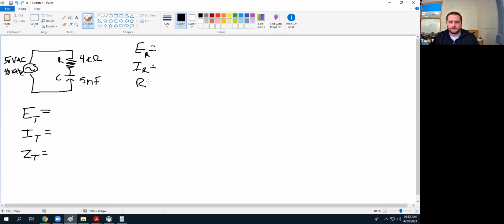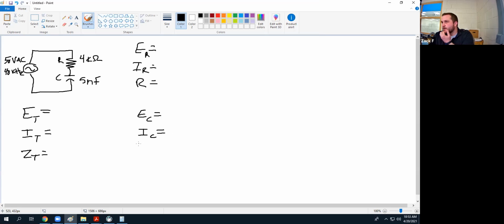That's just R. Voltage across the capacitor. Current through the capacitor. And what is the resistance value of the capacitor? Is it R? Z is impedance.